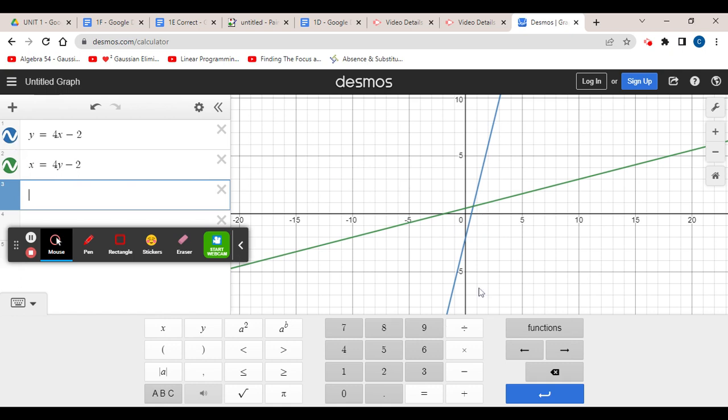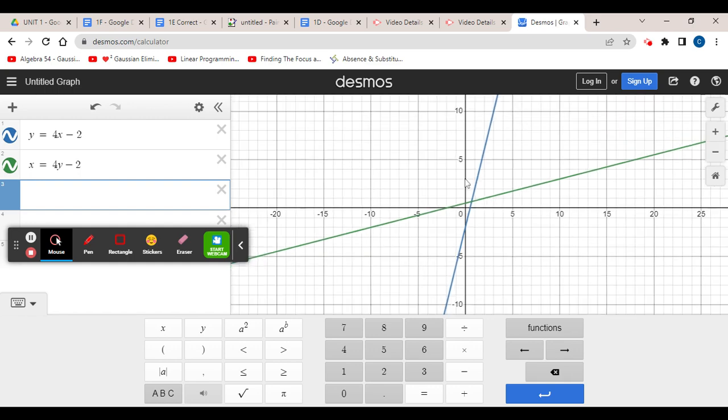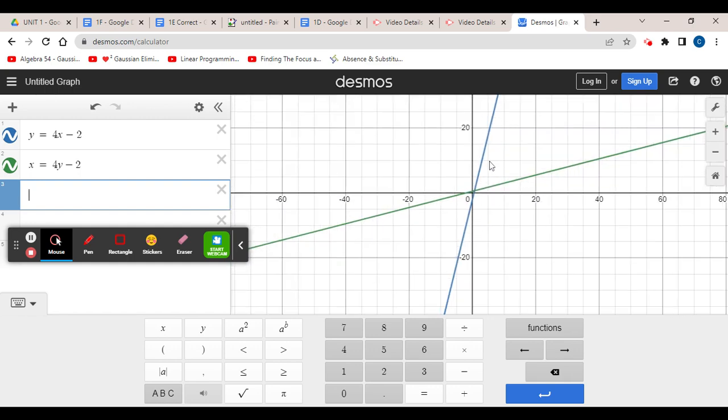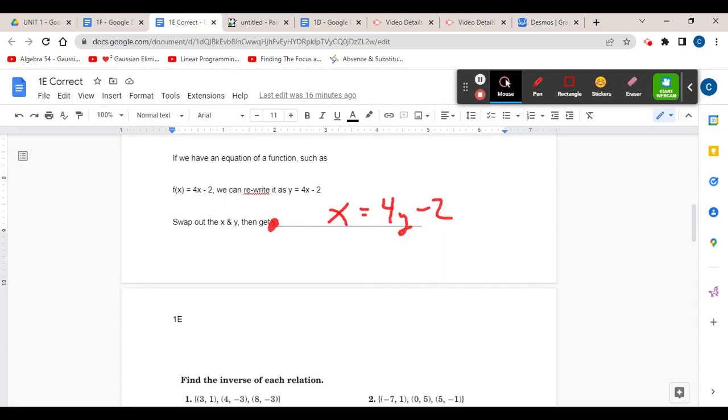The blue function is our original, and the green line is our inverse. Looking at this graph, we can see some relationship between them and visualize what a function and an inverse do to each other.